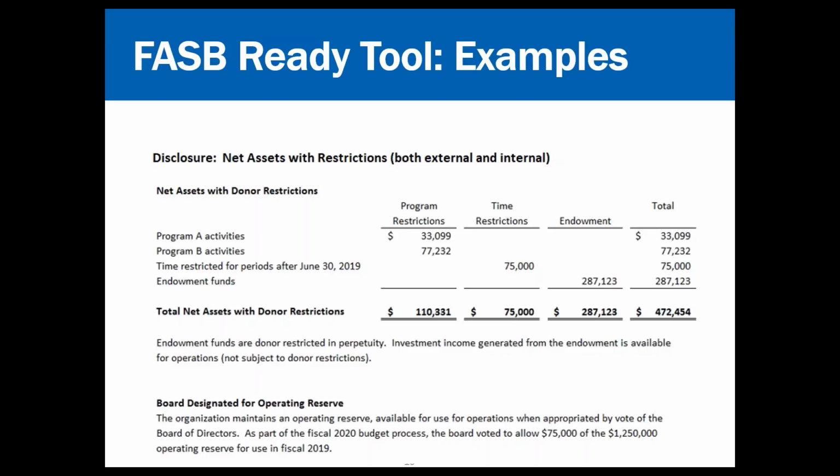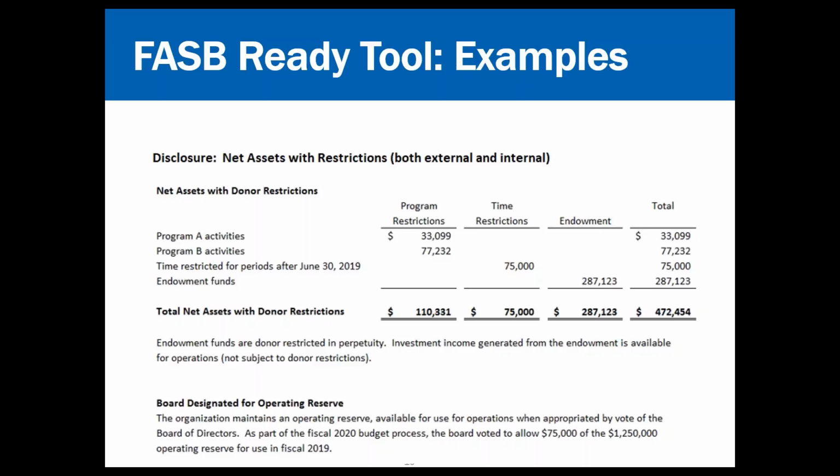So you see there's some similar terminology, but the idea that unappropriated endowment earnings also appears in temporarily restricted. We see that the wording here is more specific to endowment funds. So again, their effort to streamline the description.